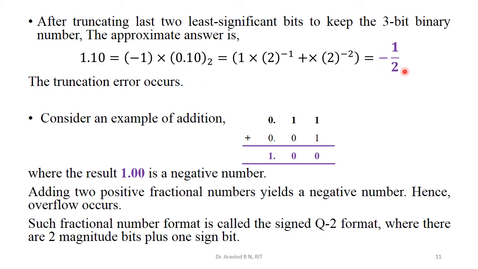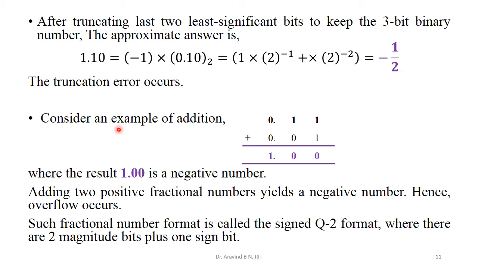We are going to get minus 1 by 2. So what we were supposed to get was minus 3 by 8, and due to truncation error we are getting the answer as minus 1 by 2. Therefore in Q3 the truncation error is present, because of which we may land up with the wrong result.